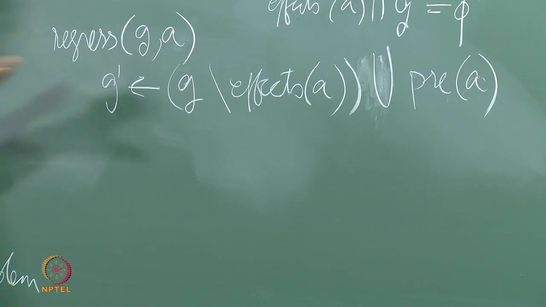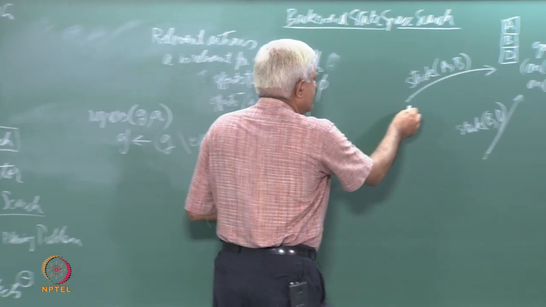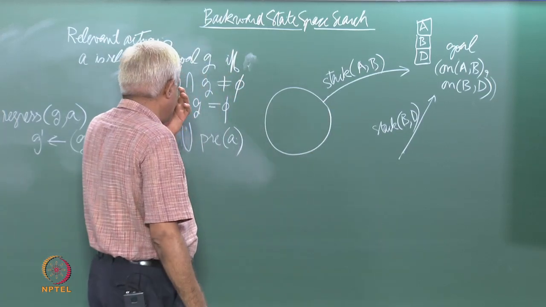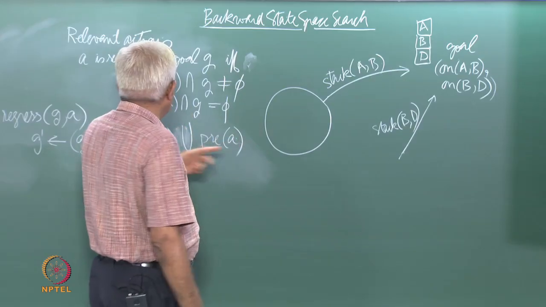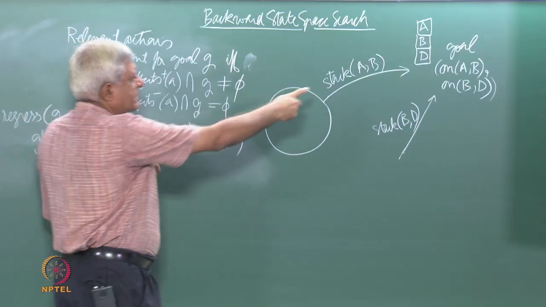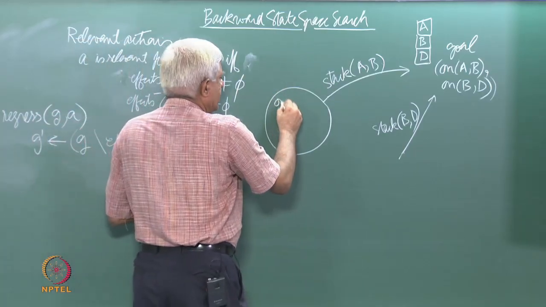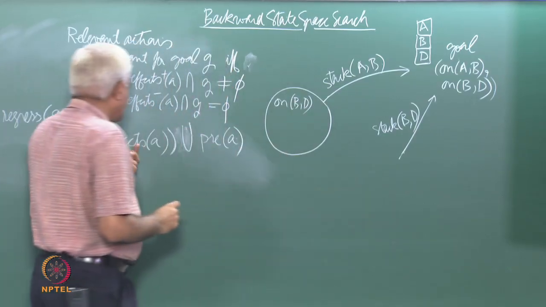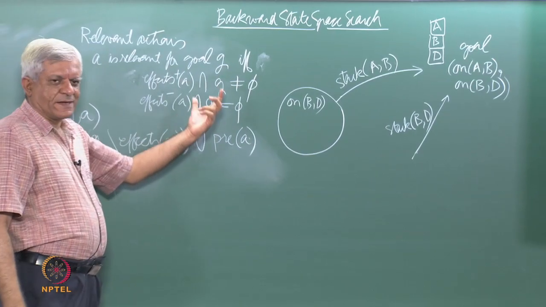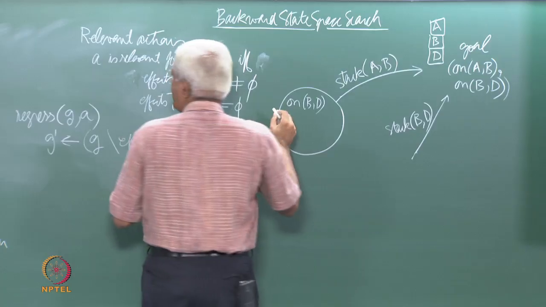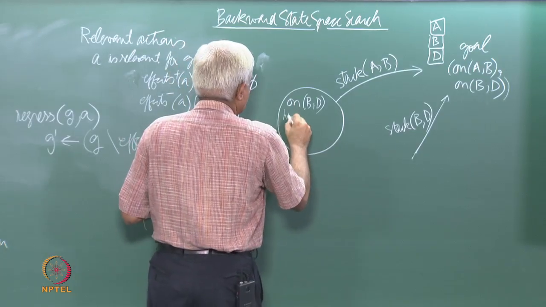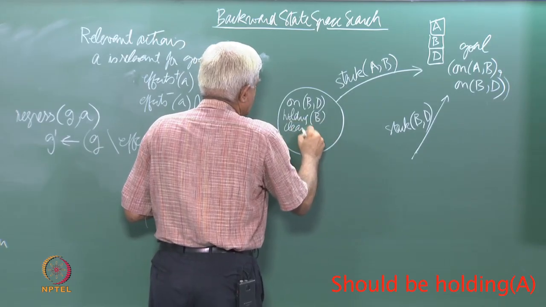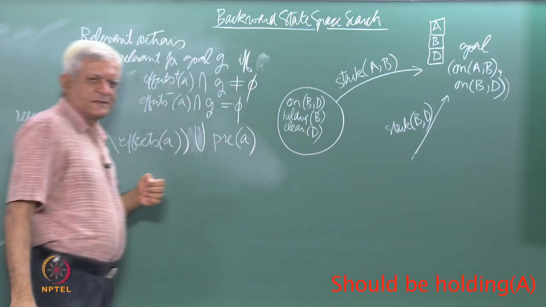So, this is called regression, and if you want to regress now over this, you can see that I must remove the effects of stack A B, which is on A B, but I would be left with on B D, and now I need the preconditions of the stack action, which is holding B and clear D. Correct.